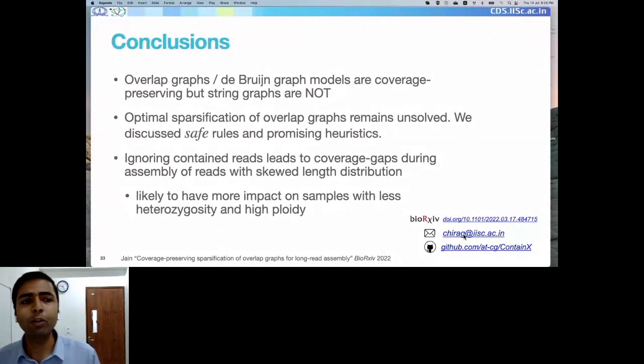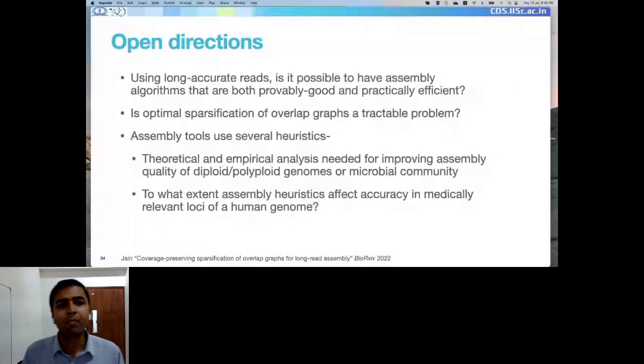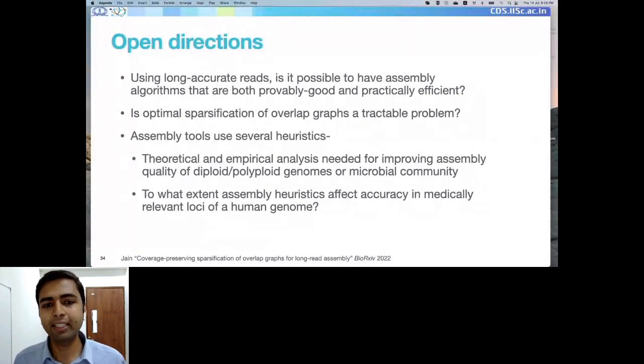I leave with some open questions here. First, with the advent of long accurate reads, can we investigate assembly algorithms that are both provably good and practically efficient? Second, is optimal sparsification of overlap graphs a tractable problem? And third, contained read removal is just one of the many heuristics that long-read assemblers use.